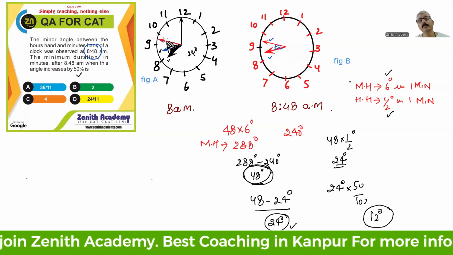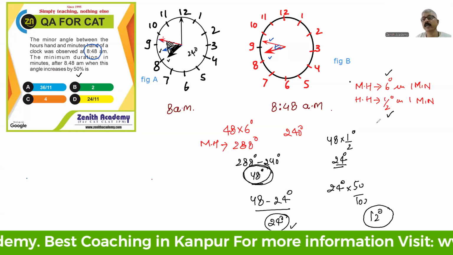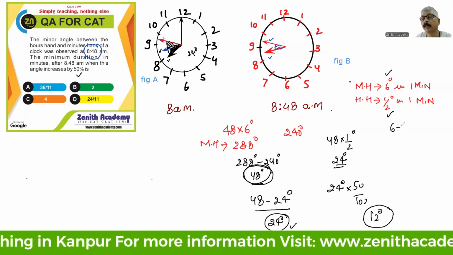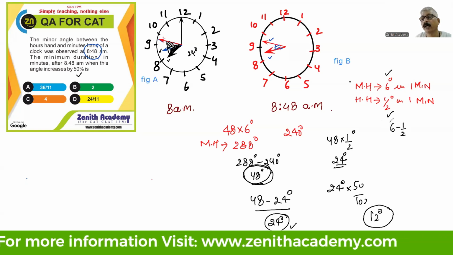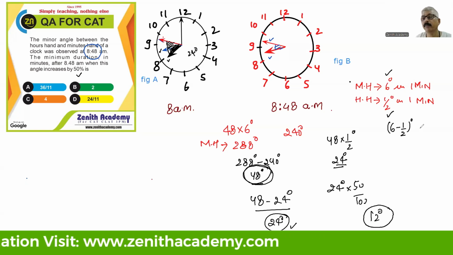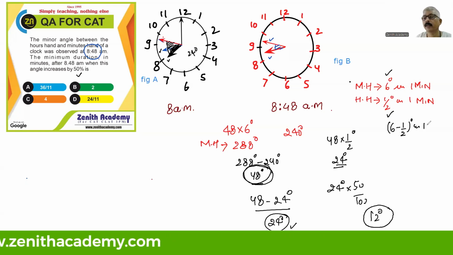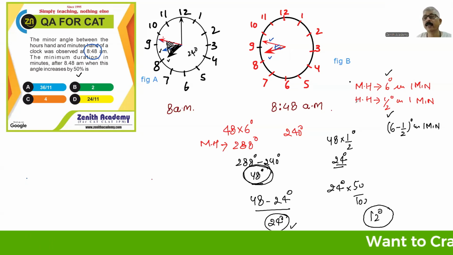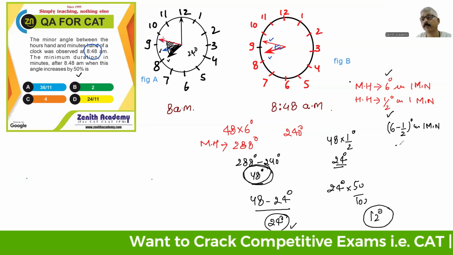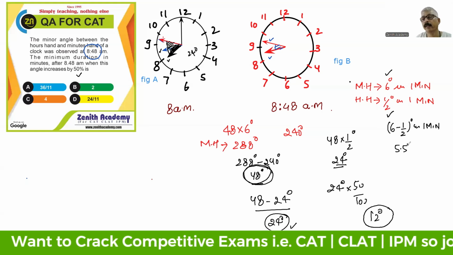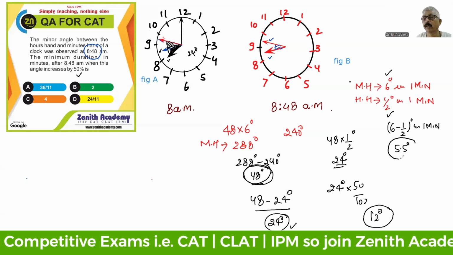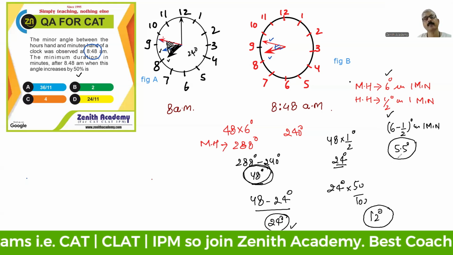So relatively, minute hand will gain 6 minus half degree in 1 minute. Is it okay? I mean the 5.5 degree every minute over our hand.